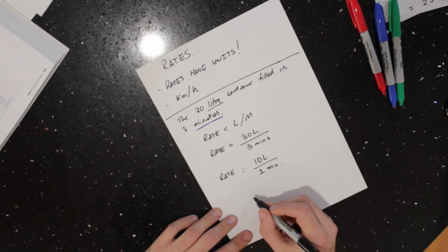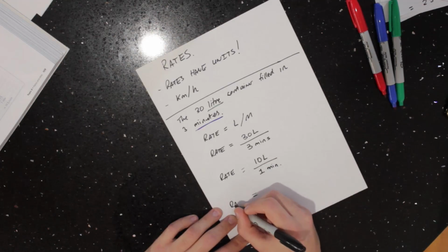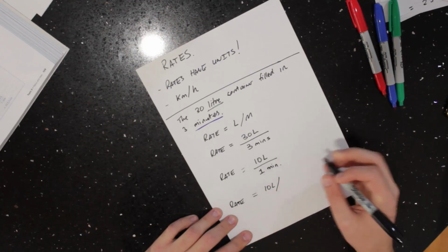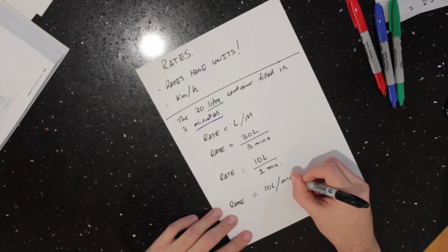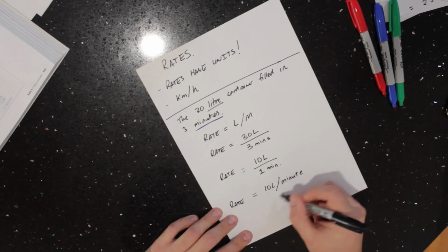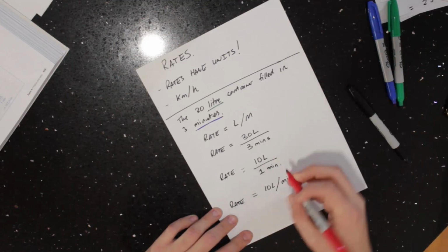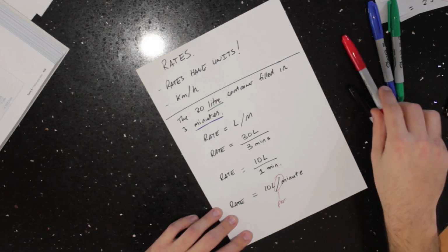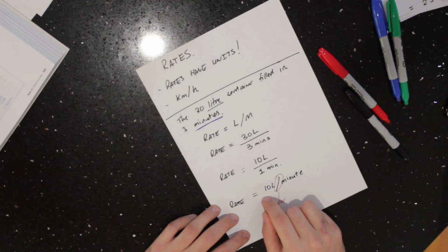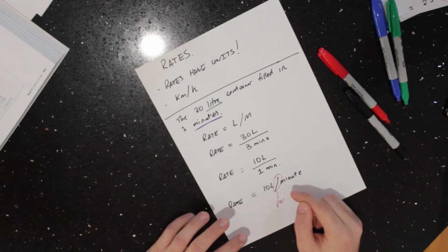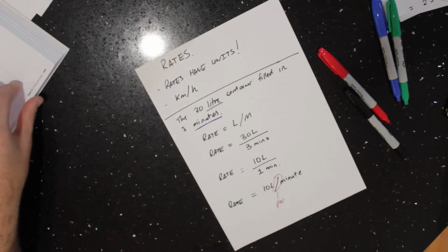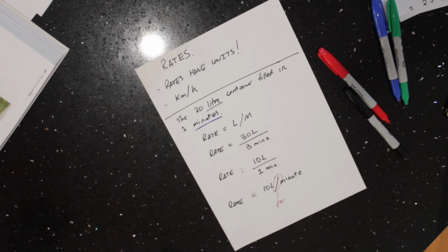So our rate in the end is going to look something like 10 litres per minute. This little slash here means per, or for every. So there'll be 10 litres per minute or 10 litres for every minute based on this question up here. And that is a pretty simple introduction to rate.